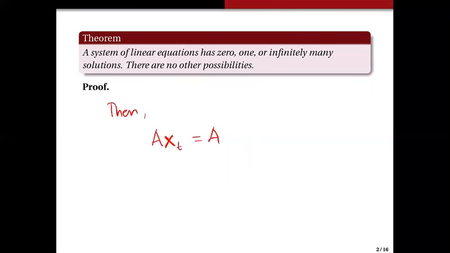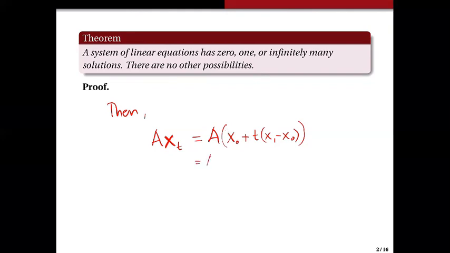So we will have the quantity X sub 0 plus t times X sub 1 minus X sub 0. This is a matrix. This is just a vector. So they are matrices also. So we can distribute this matrix here.